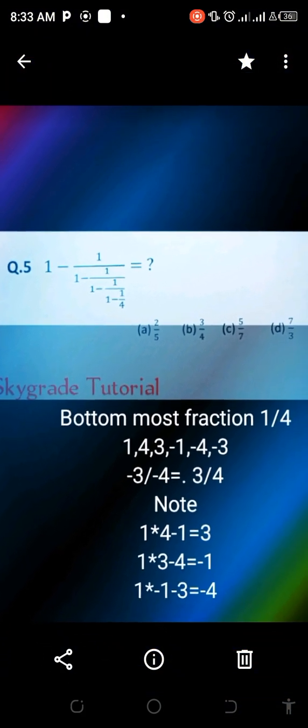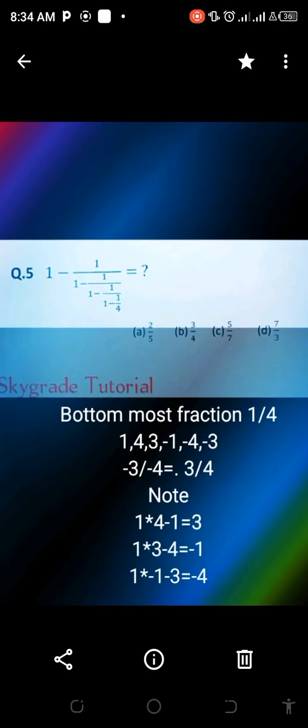Whatever form it comes, this method will resolve it within a twinkling of an eye.